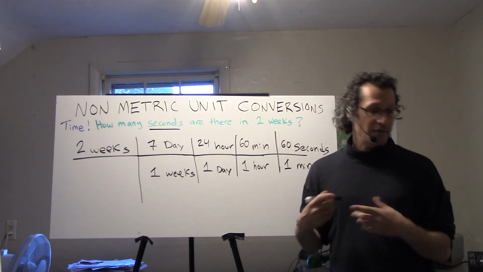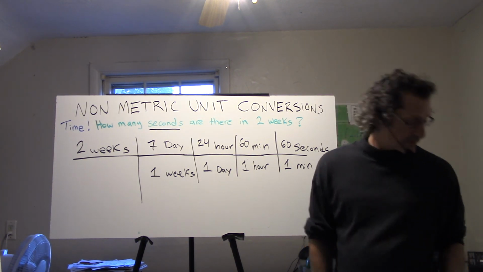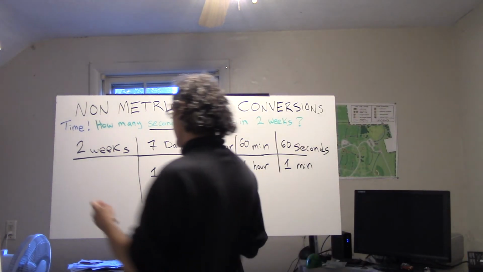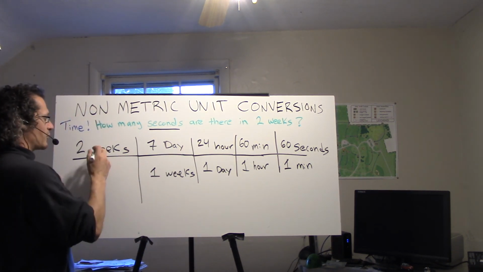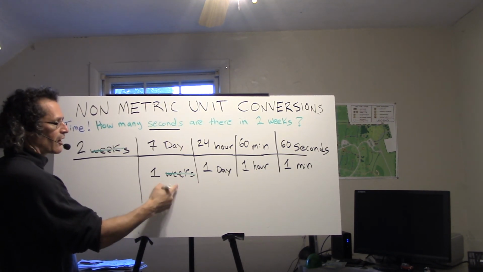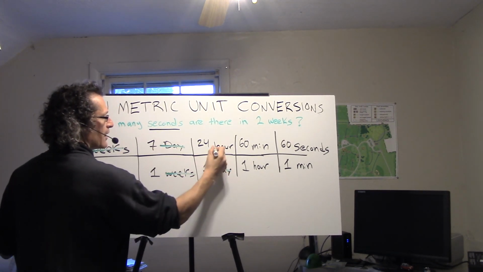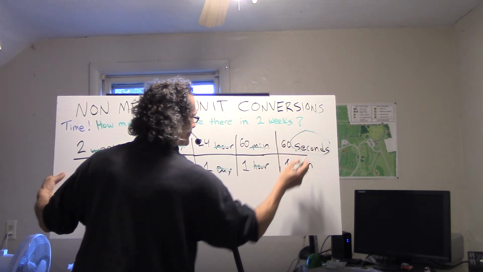I'm going to take the time to neaten things up by performing some cancellations. So it kind of just looks nice and very thorough when we do this. We can see physically that we can cancel out numerator, denominator. Weeks are gone. Days are gone. Hours are gone. Minutes are gone. We're left with seconds.